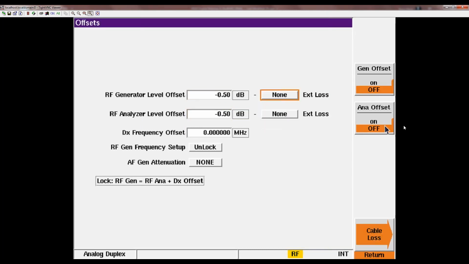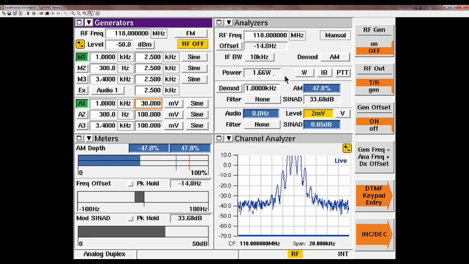Oops. So I've got to switch them on here and here. Okay, so my 1.5 watts has gone up to 1.66 watts. But if that was 1 dB or 2 dB for the cable, that incorrect power would be very significant. And what you'll see in some places are plus or minus signs. Here I've got a generator offset, here I've got an analyzer offset. So very good question. Thank you very much.